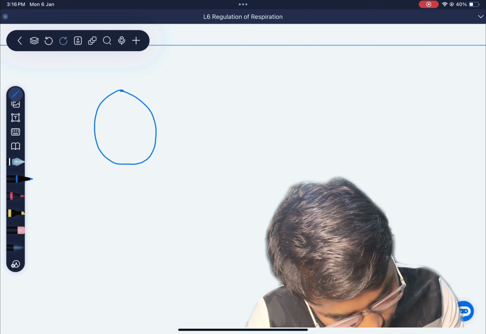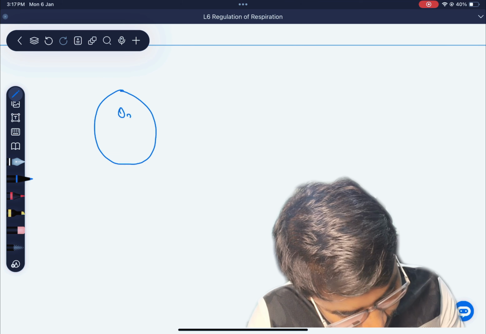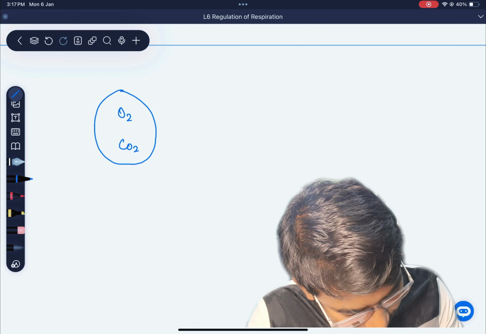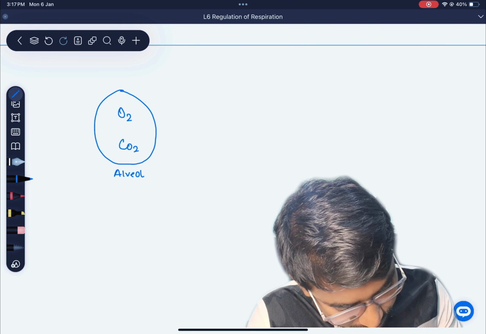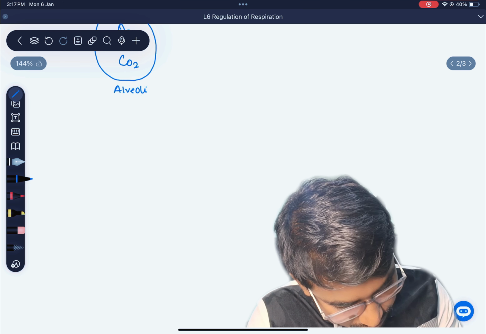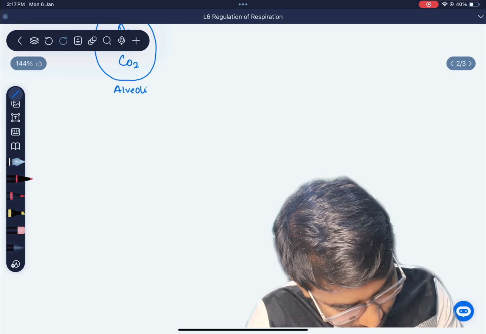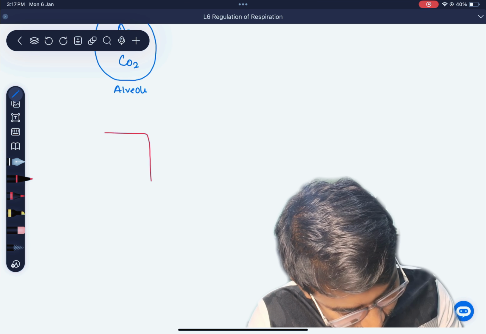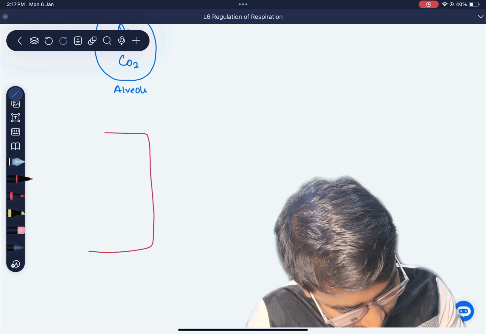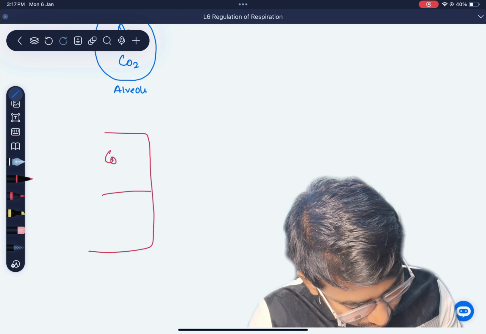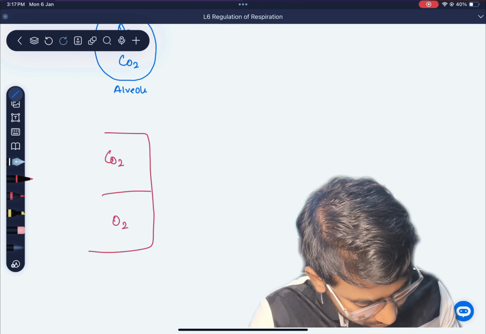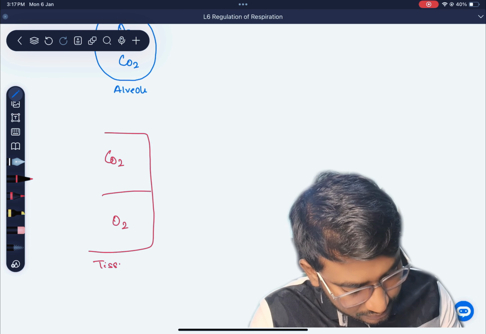Here it is O2 and CO2 in alveoli, and CO2 and O2 in tissues, that is at tissue level.